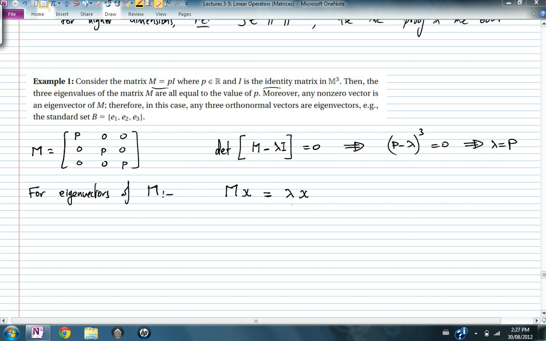So what you notice is, because of how the matrix M is formed, Mx is in fact equal to a number multiplied by I multiplied by the vector x. Ix is in fact Px, which means that any vector x is indeed an eigenvector of M.